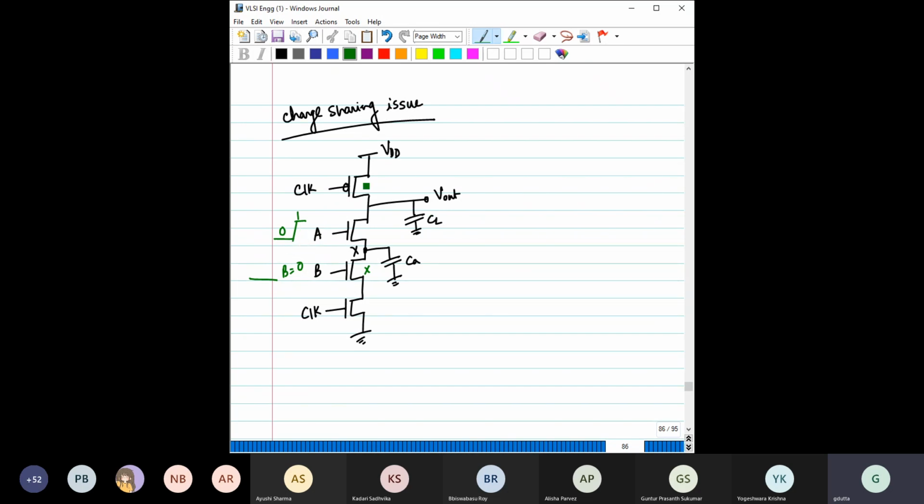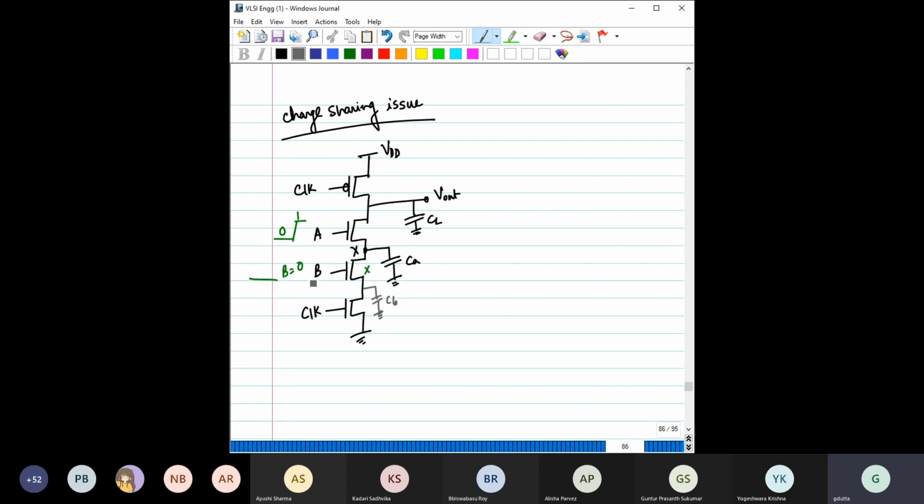You can see this capacitor is basically the internal node capacitor. Similarly there will be one more capacitor here as well. This is CB, the internal node capacitor, right? But we are not considering CB here because we are assuming that B is 0.